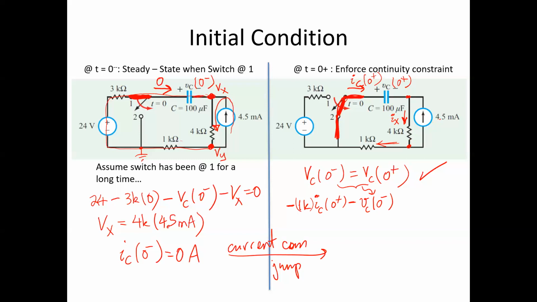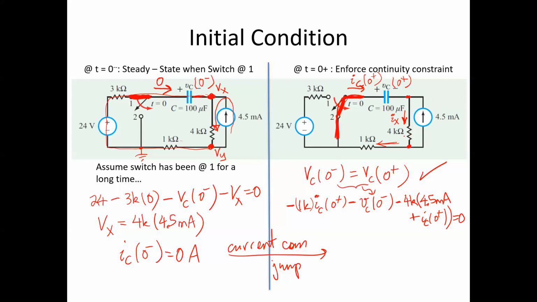We have 4.5 milliamps going inward to the node, and IX is outward. So we can write this as 4K times this 4.5 milliamps plus IC of 0 plus. And all of that added together is going to now be equal to 0 because we've closed our loop and we've come back to the beginning.